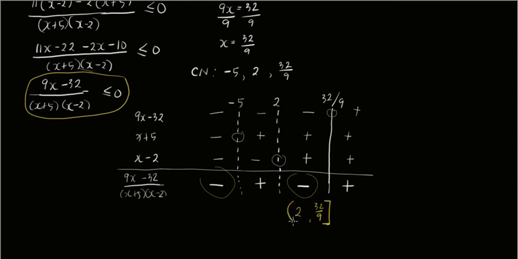Kaso hindi kasama si 2. So, parentheses. And then for this case, mula negative 5, hindi rin kasama si negative 5. And then, to negative infinity. Then you will get the union. Okay? So, this is your final answer.